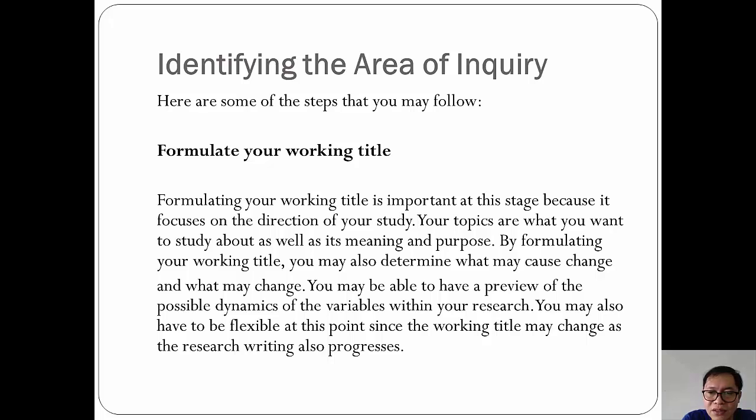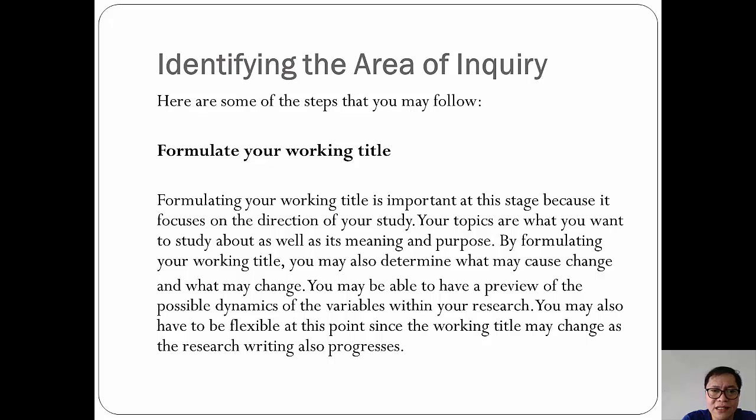You may be able to have a preview of the possible dynamics of the variables within your research. You may also have to be flexible at this point since the working title may change as the research writing also progresses. A research title is very, very important.